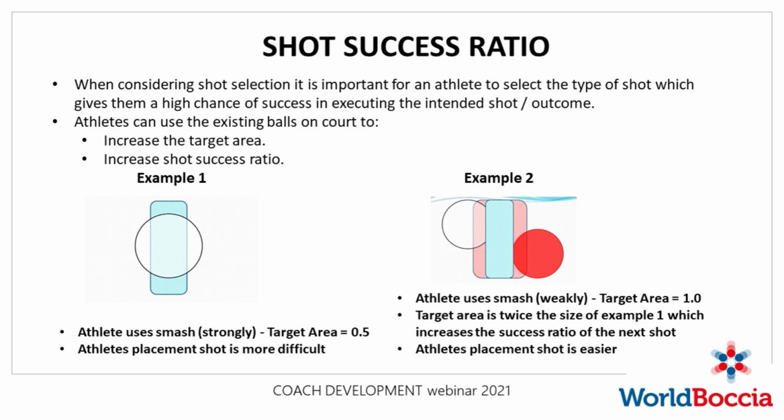By simply controlling the speed of our smash shot and leaving our opposition ball in a position where it can be used, we've doubled the target area for our next placement shot, which obviously increases the success ratio of our next shot. So it's really important to understand that we can use existing balls on court to increase the target area and also increase the shot success ratio.